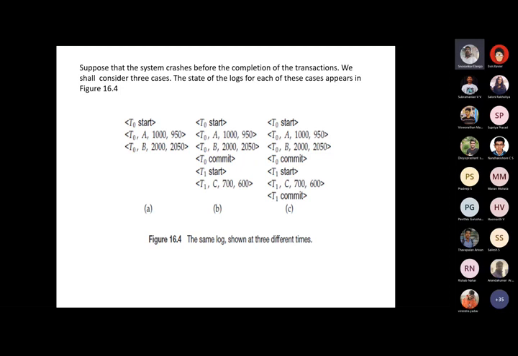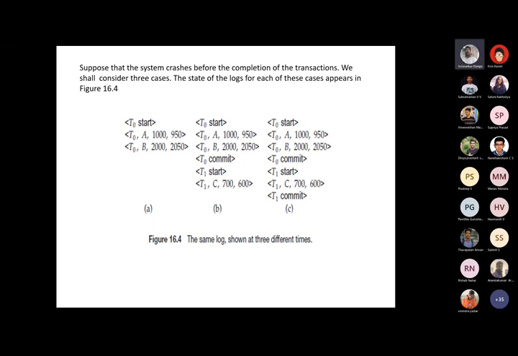So we are going to do only the undo operation. Undo of transaction T0 is performed, and the values of accounts A, B, and C will be $1,000, $2,000, and $700 respectively.